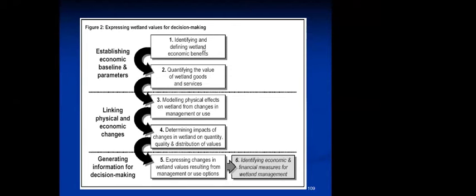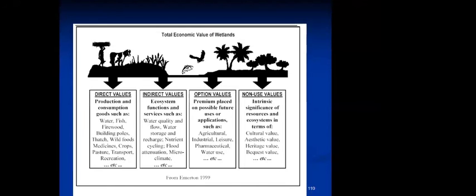First, identify and define the wetland economic benefits, and we need to quantify the wetland goods and services, and link with the physical effects on the wetland from changes in management and its uses, and also link to the impacts on the wetland on quality, quantity, and distribution of these values. Okay, then it needs to be integrated with the socio-economics, then only can you make the wetland safe in the long run.